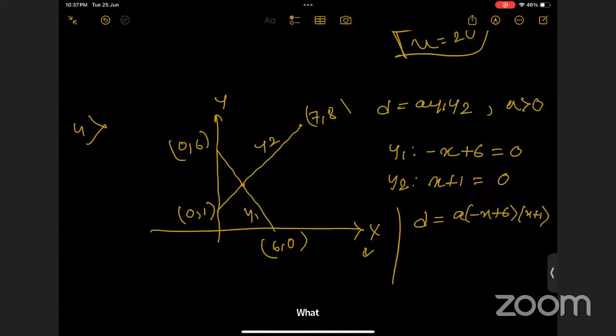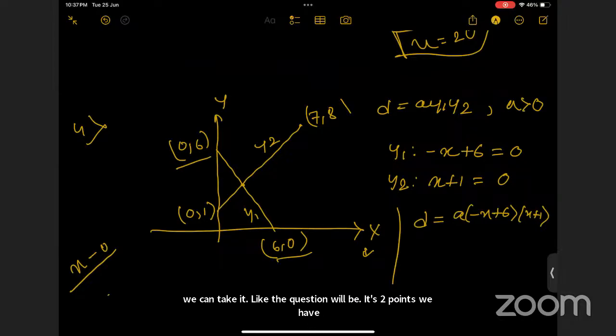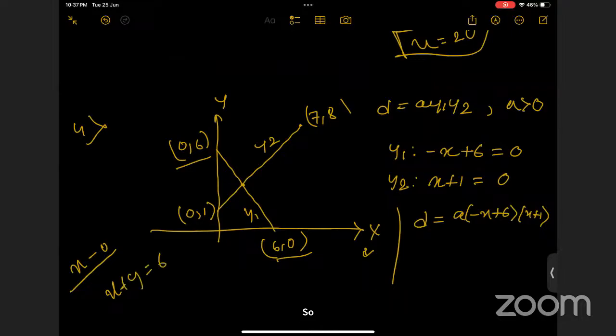I'm not sure about the y2. If anybody can correct me if I'm wrong. The equation is found using the two-point form, ma'am. So we can check it. Like the equation will be x plus y equals 6. So y will be 6 minus x. Okay, I have told you ulta, I think.